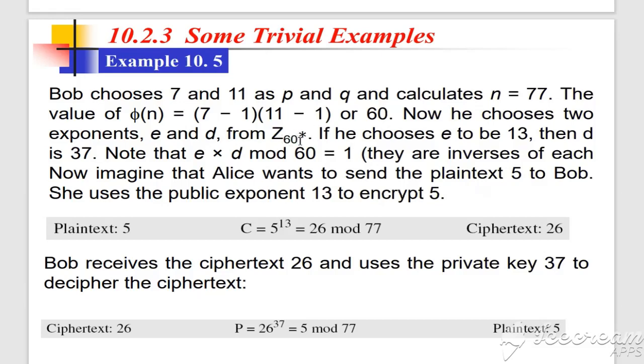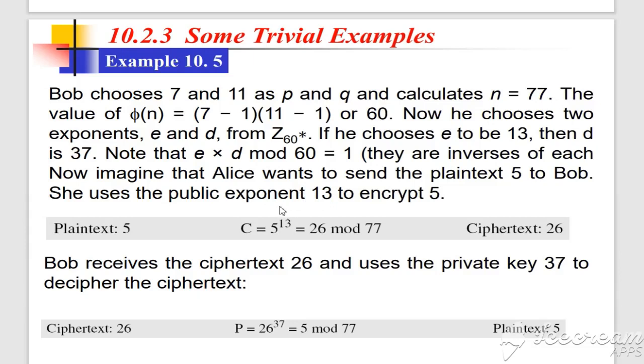If it is not, then you can try 60 into 2 plus 1, 60 into 3 plus 1, 60 into 4 plus 1, and so on. Accordingly you put the D value, and whichever gives the result as 1, you can take that value. In this case, let us suppose it is 37.